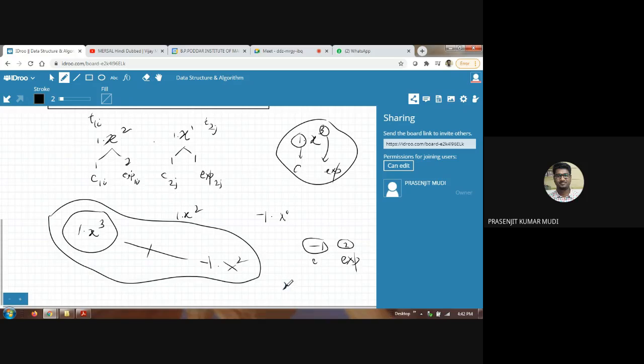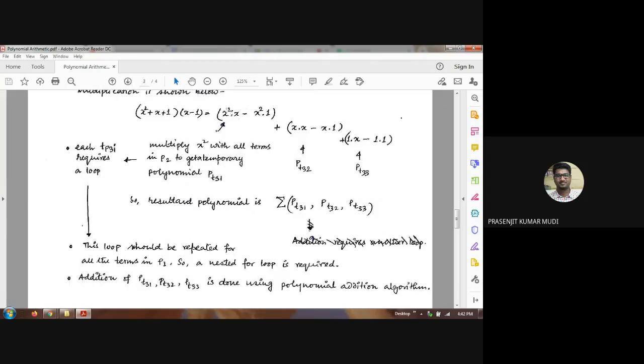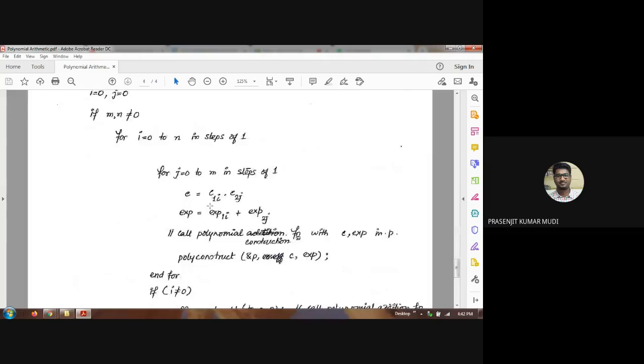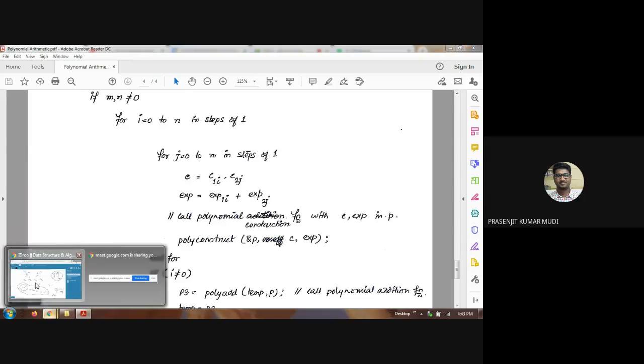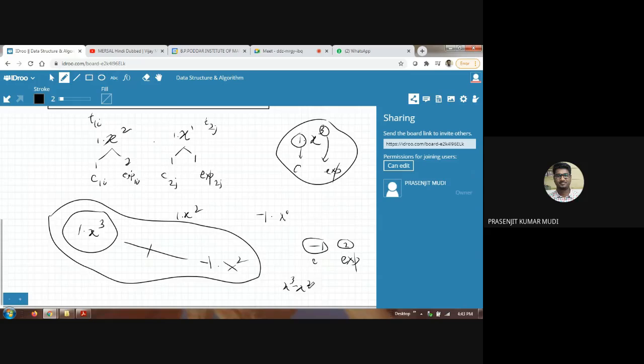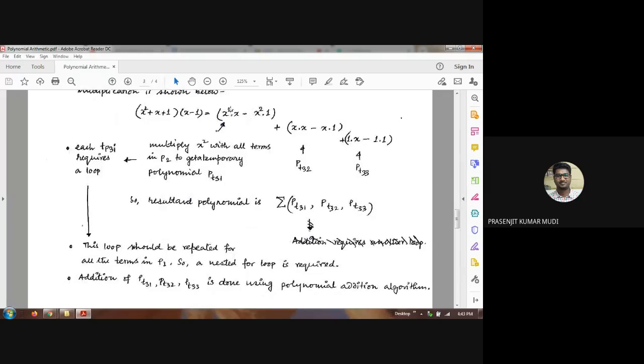That means x cube minus x square. So in our example, m is equal to 1 and n is equal to 2, right? So if m is equal to 1, this inner for loop will be executed for j equal to 0 and j equal to 1. So only 2 iterations it will be running for, right? And up to this, the polynomial constructed is x cube minus x square. That is the desired first temporary polynomial.